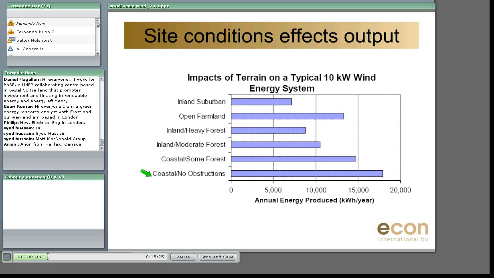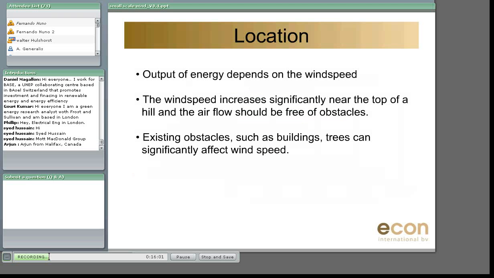You will notice that at the coast, where we have few or no obstructions, the energy produced is larger compared to a suburban area, which is at the lowest position. That's the difference between small-scale wind energy, which is often used in urban areas, and large wind turbines, which you will often see close to the coast or in open farmland, which I think is logical if you see this picture, because you get a higher output there.